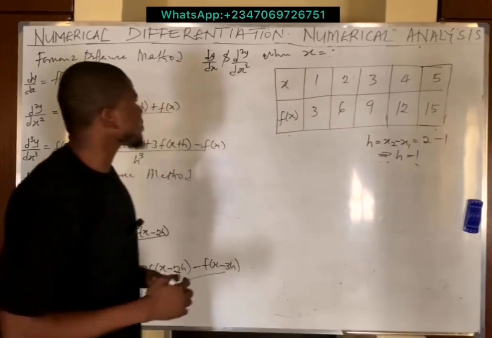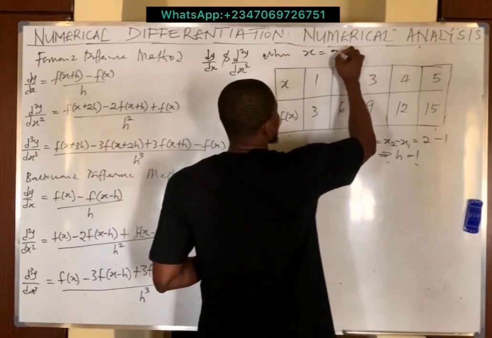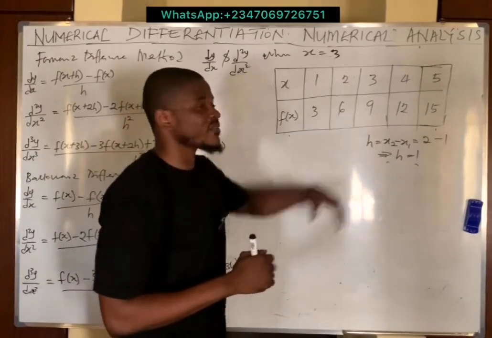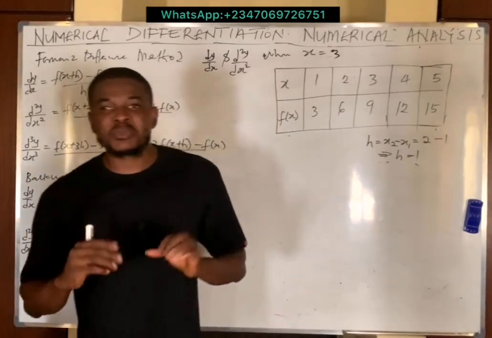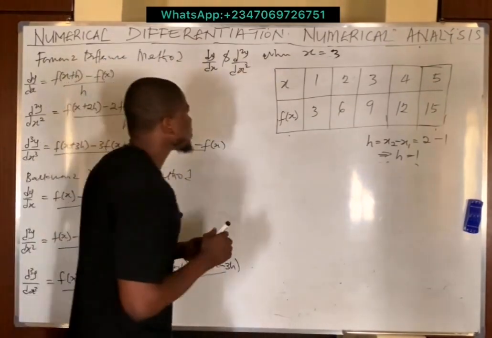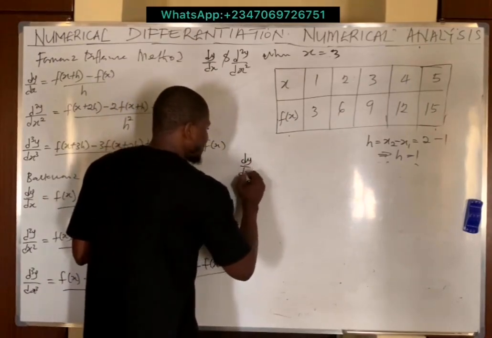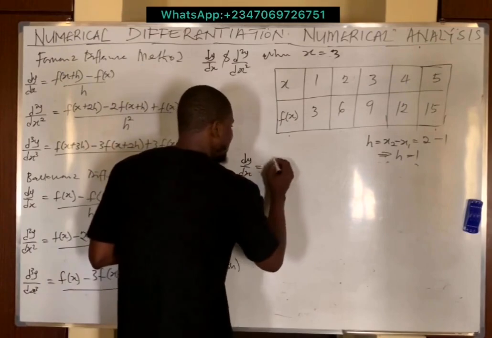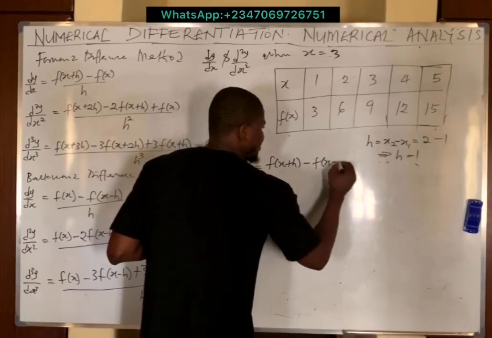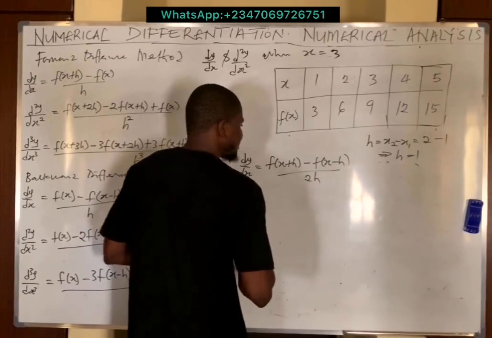so let's say we're asked to find the first and second derivative when x is equal to 3. So now you see that 3 is directly at the center of the table, which means we are going to be employing the central difference method, right? Okay, so you remember the first derivative for the central difference method, dy over dx, is simply equal to f of x plus h minus f of x minus h, all over 2h.